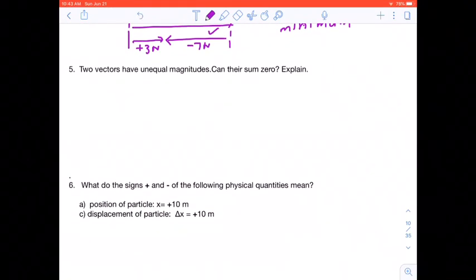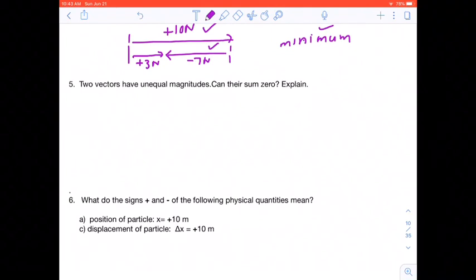Now let's look at the next one. Two vectors have unequal magnitudes. Can the sum be 0? Explain. So if they have unequal magnitudes, the sum cannot be 0, right?